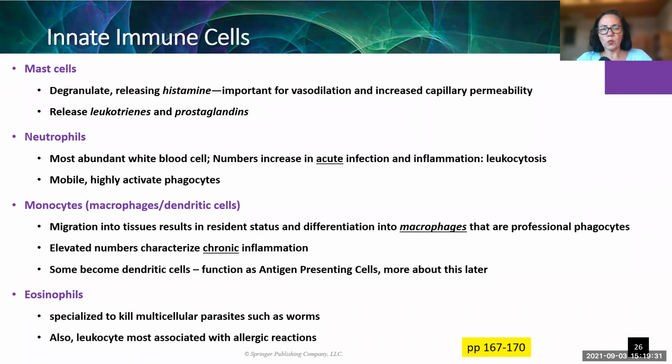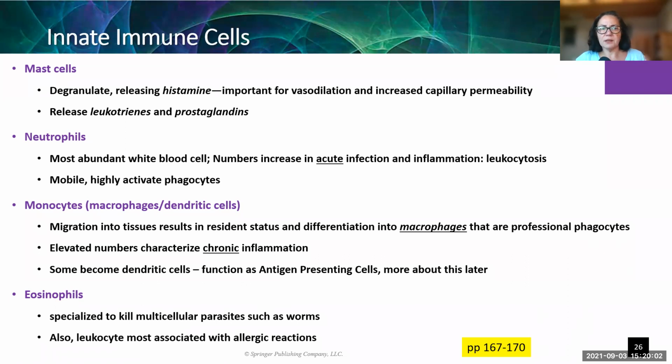And they've been found to be the leukocyte most associated with allergic reactions. That's actually one hypothesis for why we have so many allergies in this country: we didn't get exposed to worms early on in our lives. And so the eosinophils are looking for a job, and they overreact to stuff. That's just one hypothesis. Some information about these cells can be found on these pages.